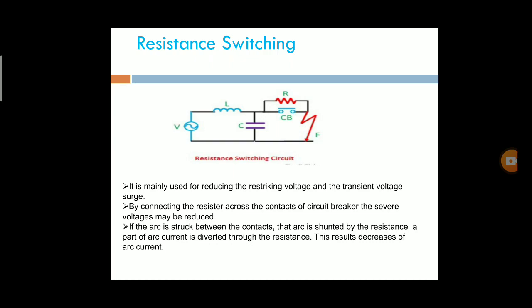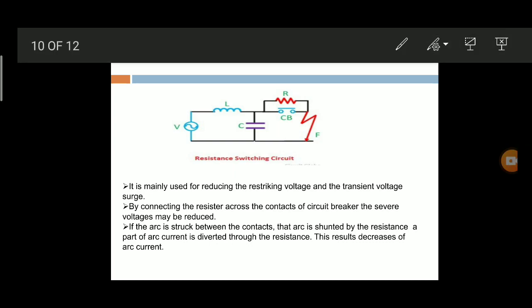On the occurrence of the fault, the contacts of the circuit breaker open and an arc is struck between the contacts, with the arc shunted by the resistance R. That arc is shunted by this resistance R, and a part of the current is diverted through this resistance.